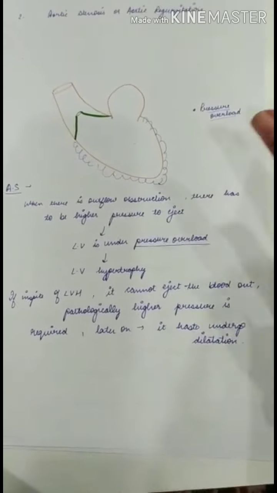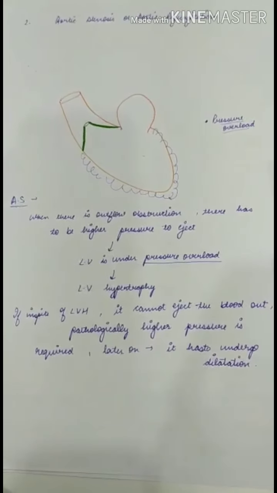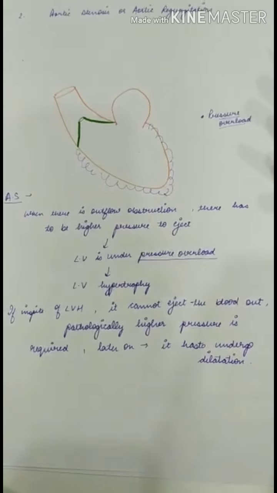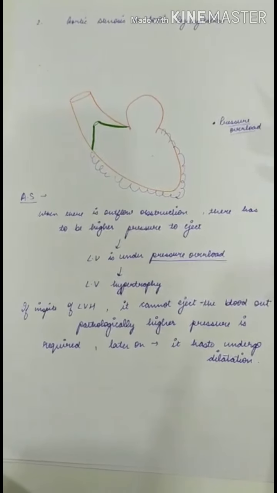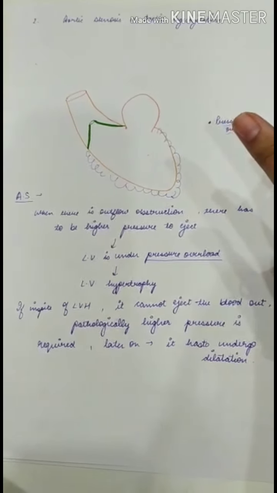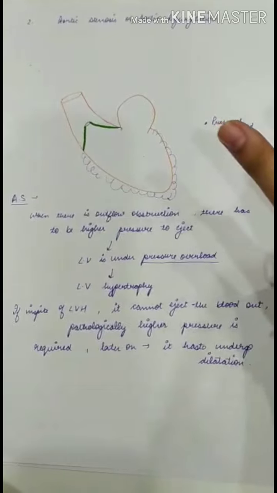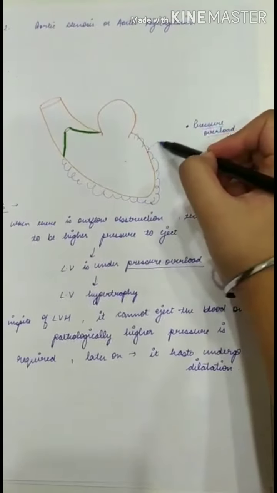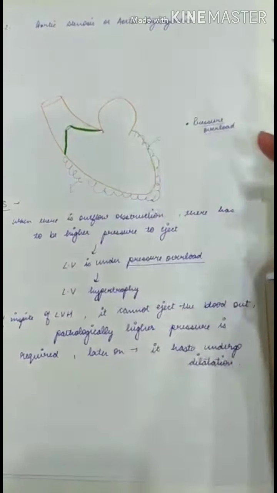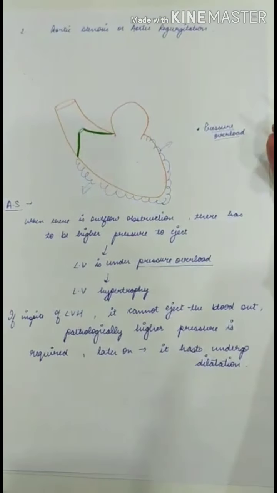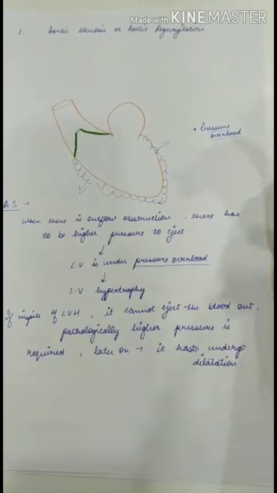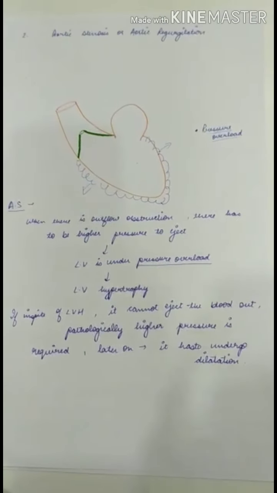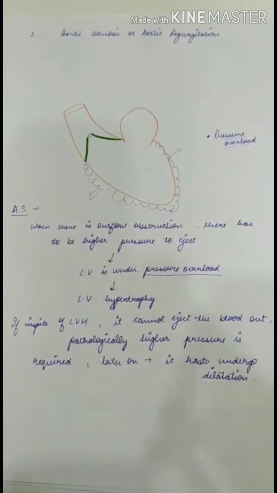Right? So the left ventricle will undergo hypertrophy. But in spite of left ventricular hypertrophy, it cannot eject the blood out, which means it requires pathologically higher pressure. So it has to undergo dilatation also. Which means in aortic stenosis, first the left ventricle undergoes hypertrophy and then dilatation.